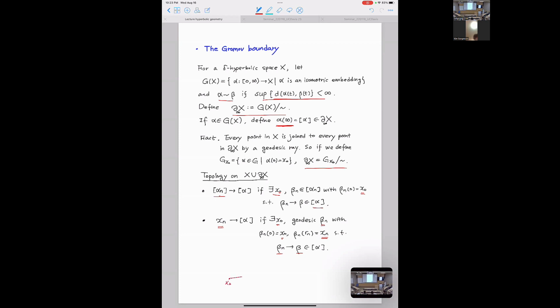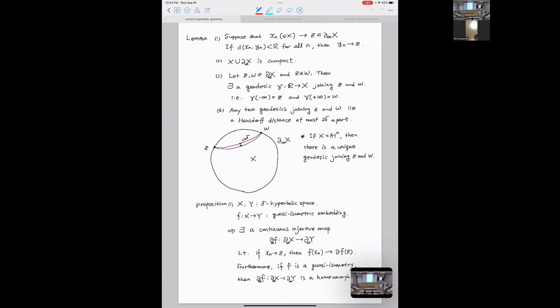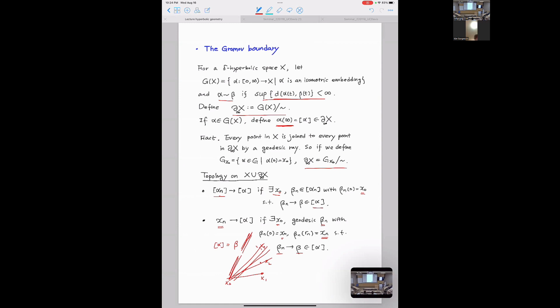So x naught here, x1, x2, something like that, x_n. You can draw the geodesic. So the geodesics converge to beta, and beta represents the equivalence class of alpha. Okay, like this. So this gives the topology on X union the group boundary of X.